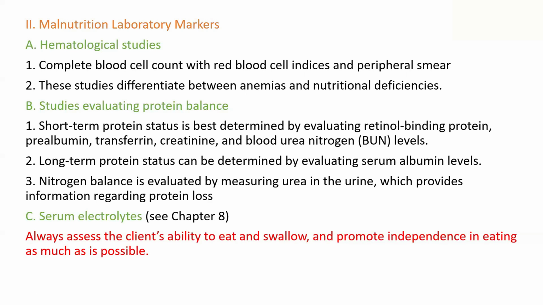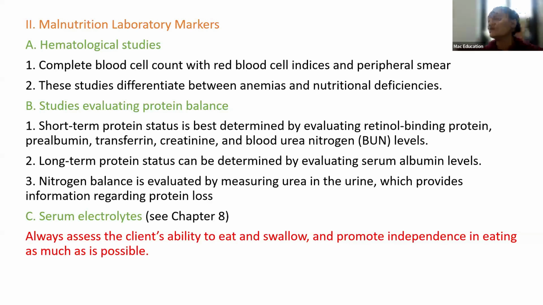Yes. Okay. So let's start with malnutrition. What does the heading suggest to you? Less nutrition. But laboratory markers means you can identify the malnutrition status through a lab test.